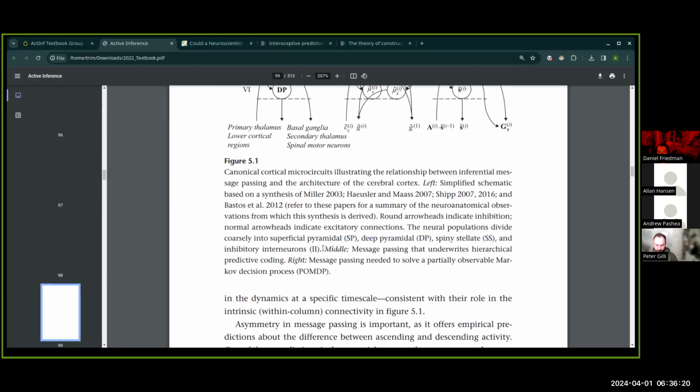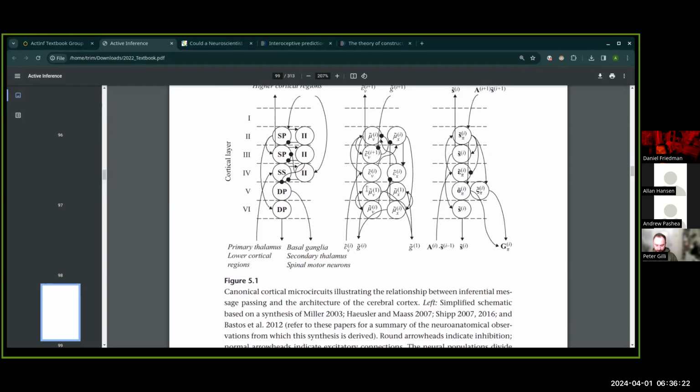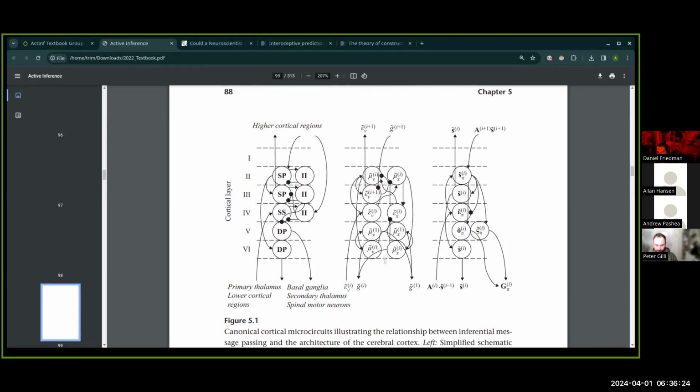Then in the middle, we see a classic predictive coding architecture where we have mu's for means and e's for errors. And then we see the i's for a given level and i+1 for a higher level, and the x and the v subscripts.